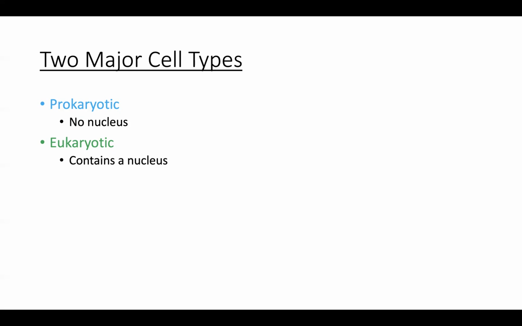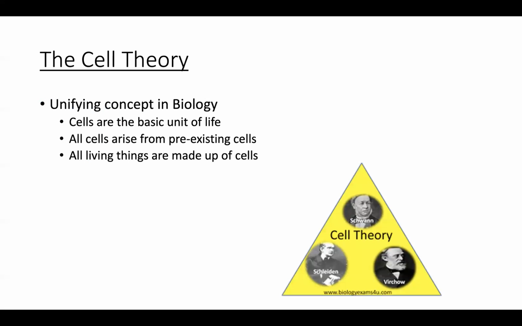So the eukaryotic cell by nature is a more complex cell that contains a nucleus and all of these other membrane-bound organelles, right? If you were to see images of these two types of cells, it should be very easy for you to readily identify a prokaryotic cell from a eukaryotic cell.